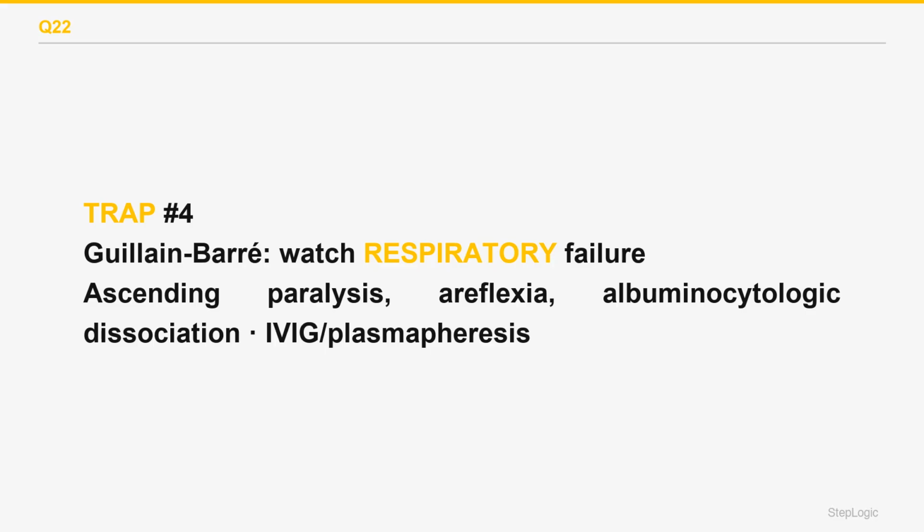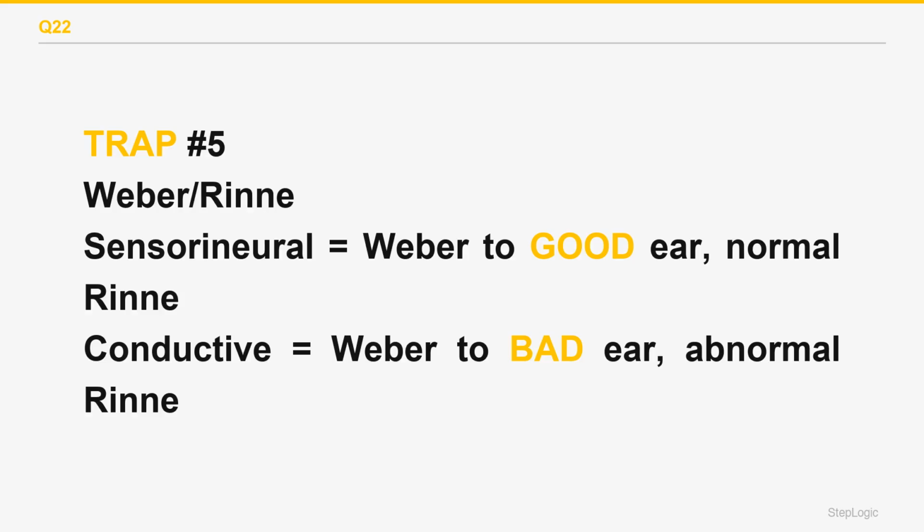The key danger is respiratory failure, so monitor vital capacity. Treat with IVIG or plasmapheresis, not steroids. Trap 5. In sensorineural loss, the Weber lateralizes to the good ear and Rinne is normal. In conductive loss, the Weber goes to the bad ear and the Rinne is abnormal on that side.